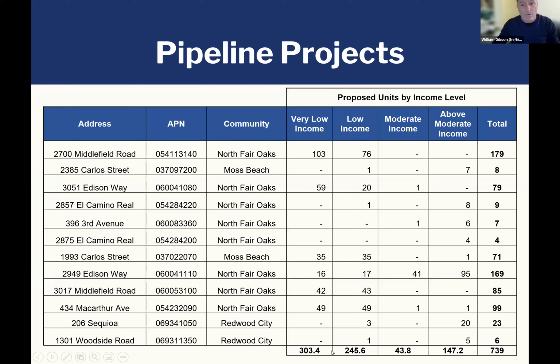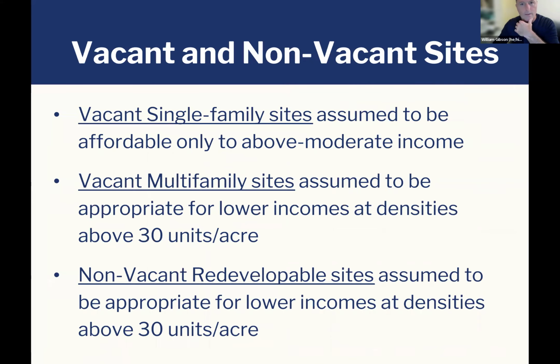And there are quite a few of those that are 100% affordable or significantly affordable. So there are quite a few lower income units in the pipeline from the projects that are already ongoing. And then the vacant and non-vacant sites, we look at 3 categories: vacant single family sites, which can be built with just a unit, disregarding SB 9, disregarding ADUs.